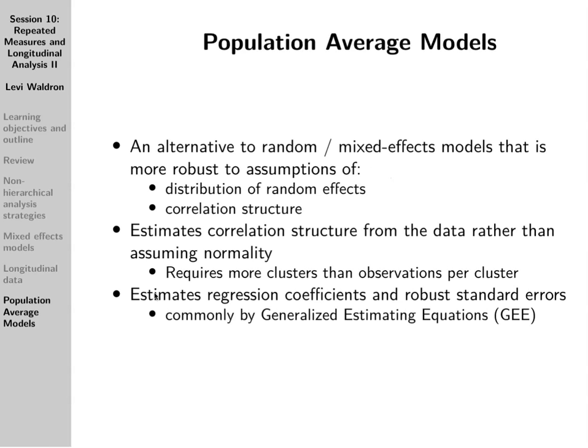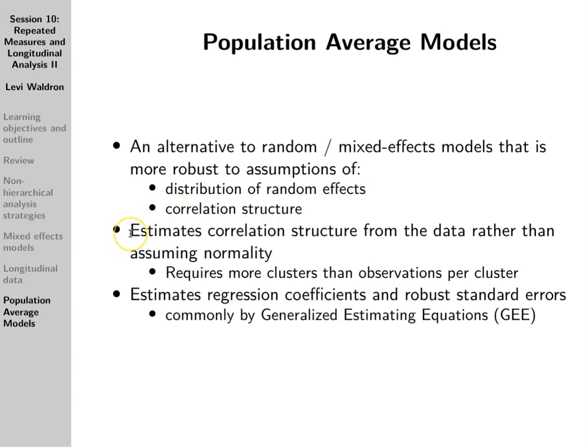All right, now I'm going to introduce to you population average models as an alternative to random or mixed effects models that is more robust to some of the assumptions that we have to make. That is the distribution of random effects. Remember, we had to make that assumption that the random effects are normally distributed and homoscedastic, and also assumptions of the correlation structure.